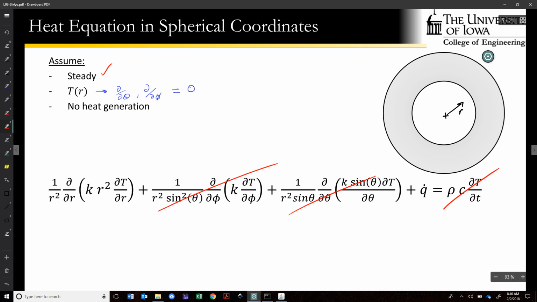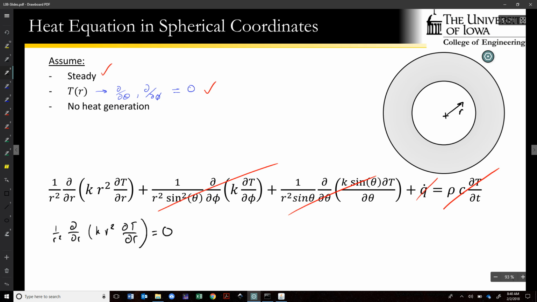That takes care of our one-dimensional assumption. And then no heat generation means this q dot term gets canceled out too. So what we end up with is 1 over r squared d/dr of k r squared dT/dr equals 0.